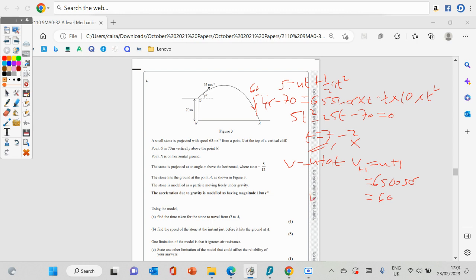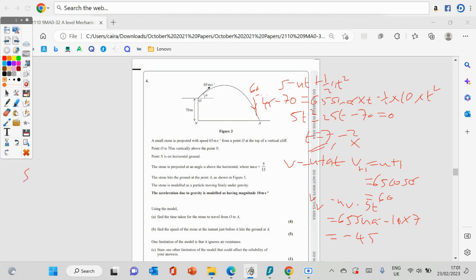Cool. So the velocity for v has got to be u minus gt, which is 65 sine alpha this time, minus 10 times 7. Sine alpha I know is 5/13. That's going to give you, is it minus 45? I think it is minus 45. So I've got the two speeds that I need.